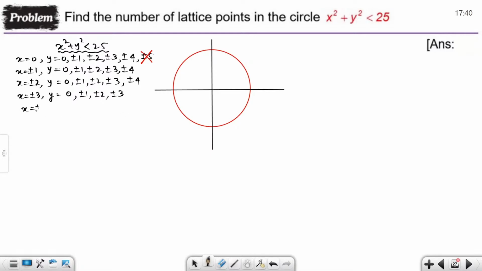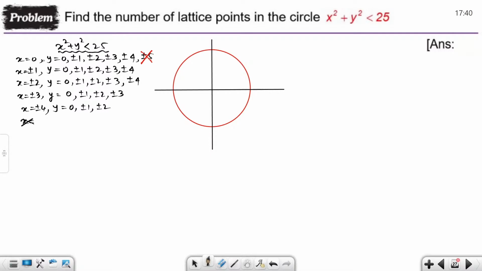If x takes plus minus 4, then your y can take 0, plus minus 1, plus minus 2. That's it. It cannot take plus minus 3, otherwise it will become 25, which is again not accepted. Now, can x take 5? No, no. No other values are possible for which we are going to have lattice points inside the circle.